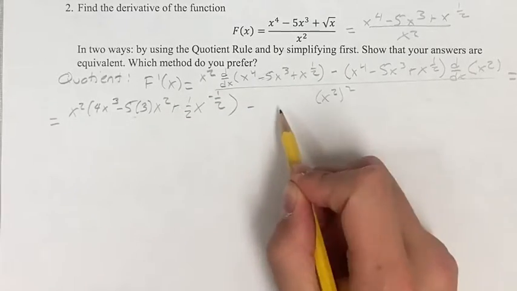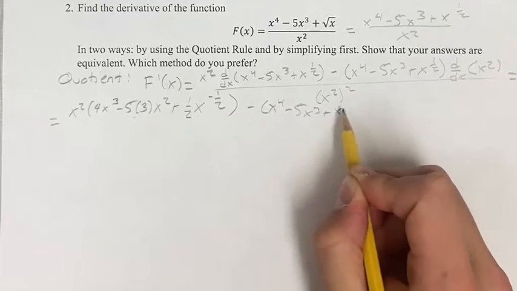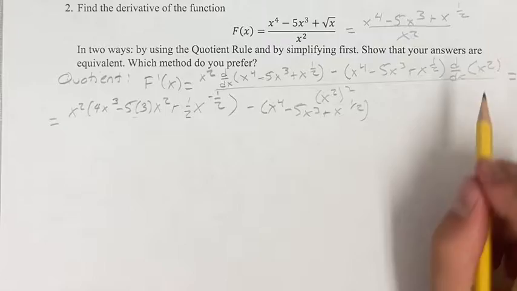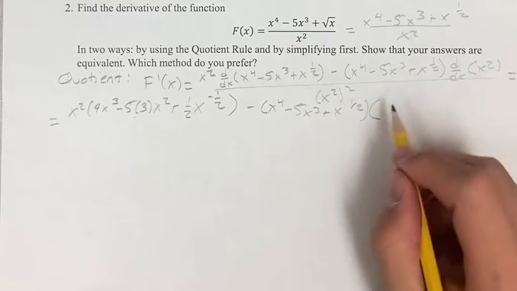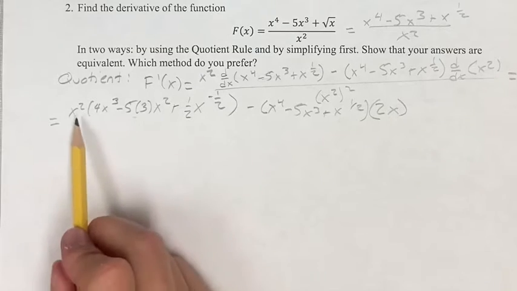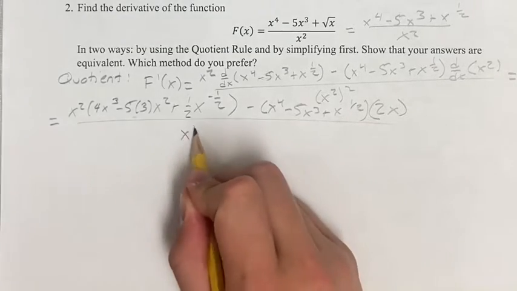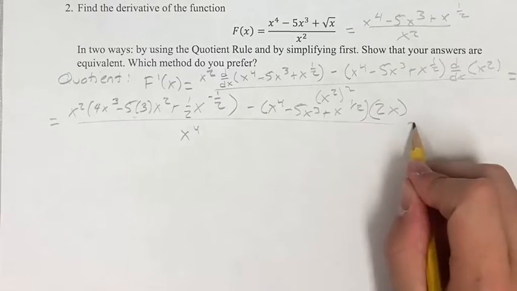This is going to be minus all of this, x to the fourth minus 5x cubed plus x to the 1/2, times the derivative of x squared, again a power function: bring down the exponent, subtract 1 for your new exponent. This is all over x squared, which is x to the fourth.